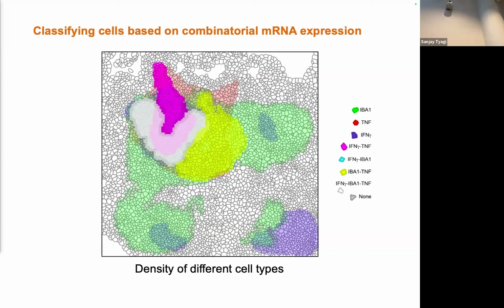You find that the white area, the center, the core of the granuloma, is where cells are expressing all three markers. And this area has high expression of this interferon gamma marker and so on. This is just an illustration of what you can do with spatial information. And this is just the beginning, because many labs are developing mathematical algorithms to find characteristics that would be very interesting.